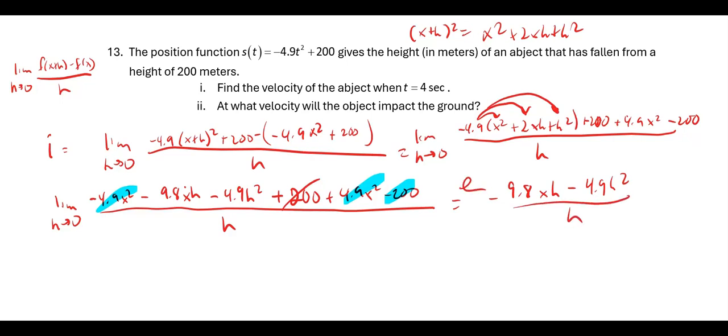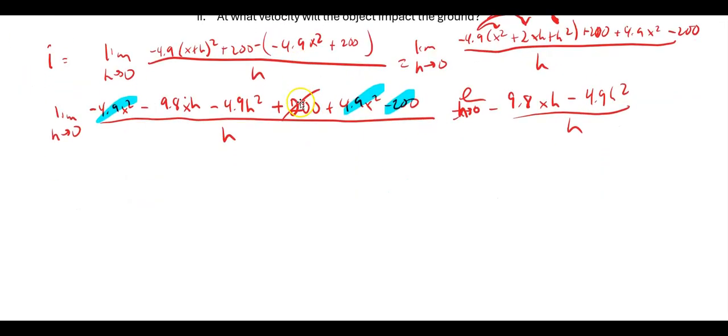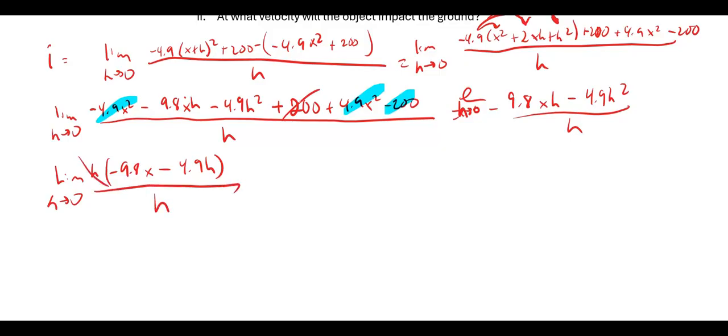And then put your limit here, so h goes to 0. We're going to factor out an h so we can cancel out the h at the bottom. You always want to get rid of that h at the bottom. So negative 9.8 x, took out an h, minus 4.9 h, all over h, which cancels.